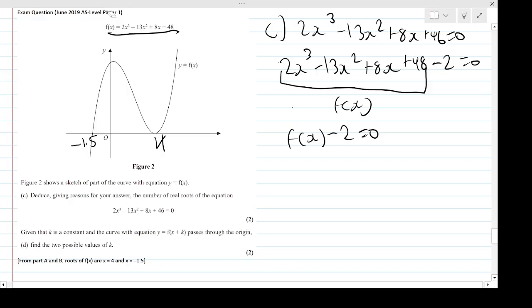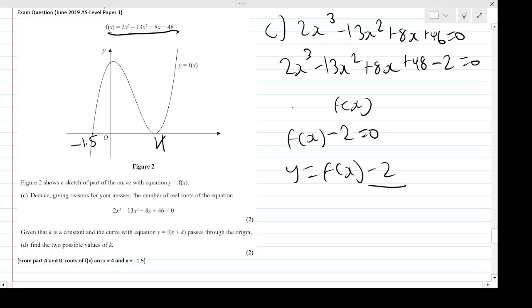Okay, but then what do I notice here? I have f of x minus 2, right? Well, what is that? If I said y is f of x minus 2, that's a transformation, that's a translation, isn't it, that we just looked at? We have a minus 2 outside the function expression.